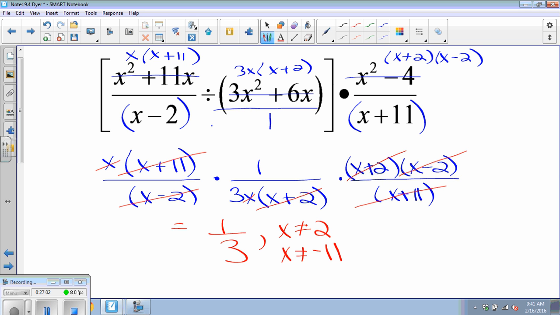So we already have the 2 down here, right? What about this x? 0. A lot of you forgot about that one. If this x was 0, what would happen to the whole bottom? It would be 0 because it'd be 3 times 0 times whatever. So x can't be 0. And then x can't be negative 2.